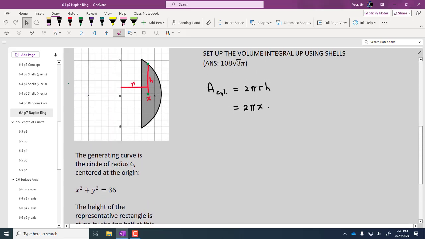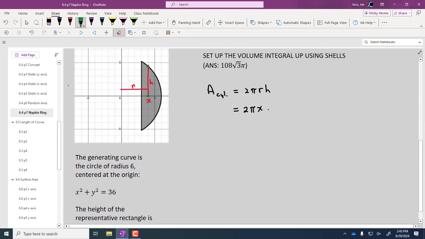The bottom half of the circle would be the negative square root. So the equation of this curve written as a y value is y equals the positive square root of 36 minus x squared. So that is that y value at the top of that element.